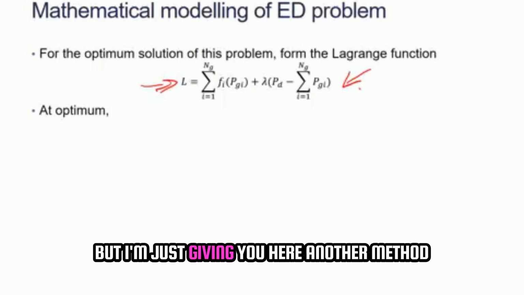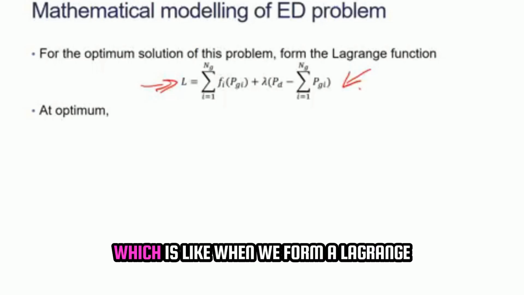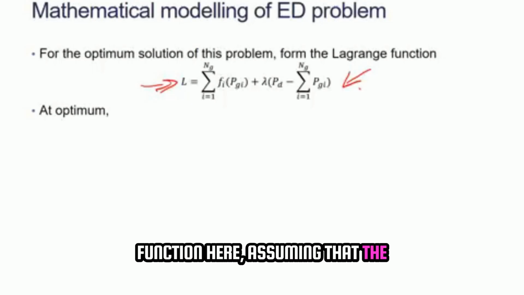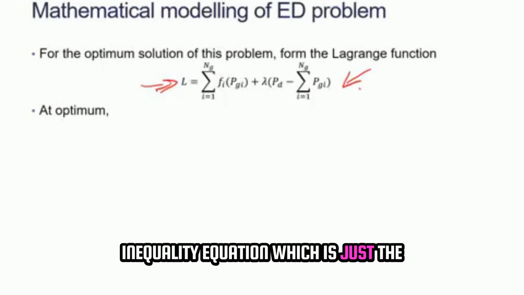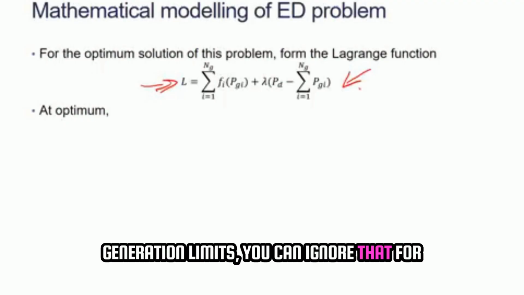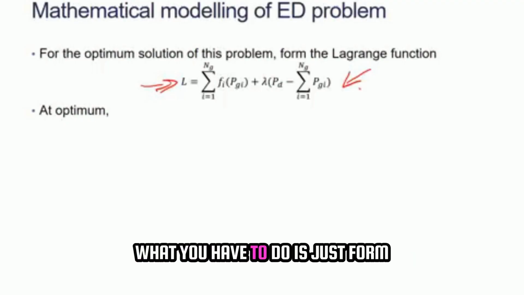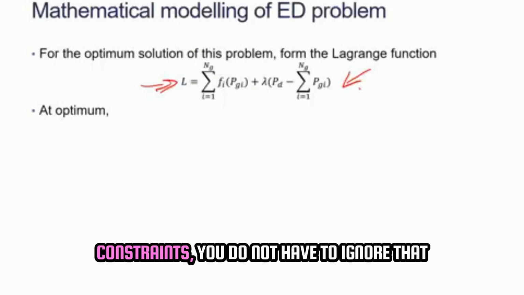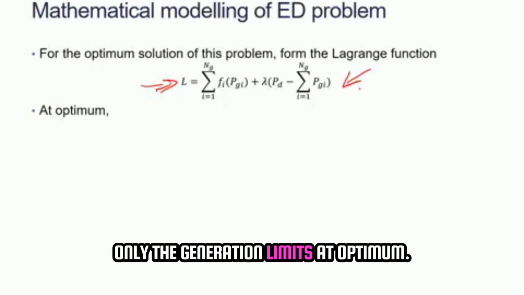But I'm giving you here another method. When we form a Lagrange function, assuming the inequality constraints are just the generation limits, you can ignore those for a while. Form this Lagrange function ignoring just the generation limits. If there are other inequality constraints, you do not have to ignore those, only the generation limits.